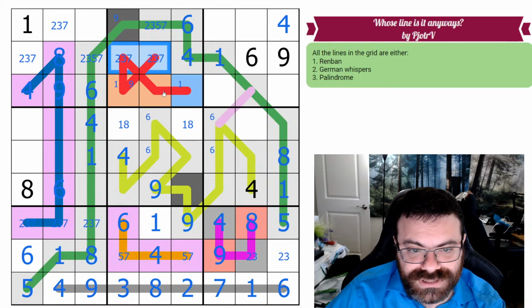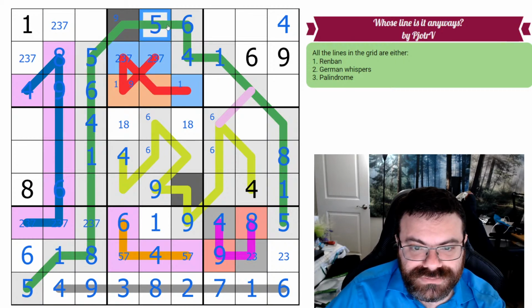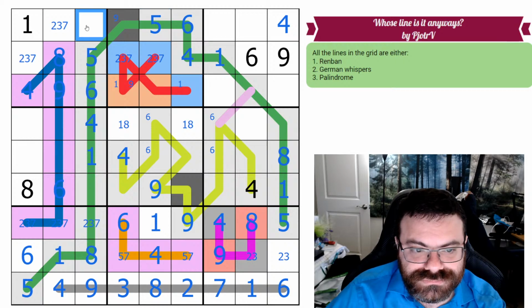Yeah, whispers can't have 5. So that actually places the 5. This is 2, 3, or 7, and that goes... Both of those go here. This is 2, 3, or 7.